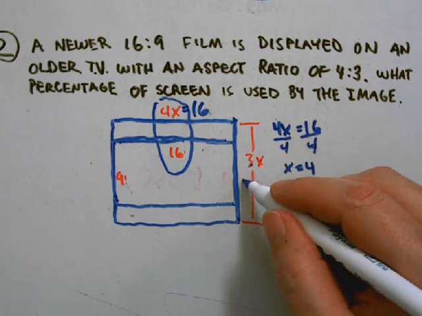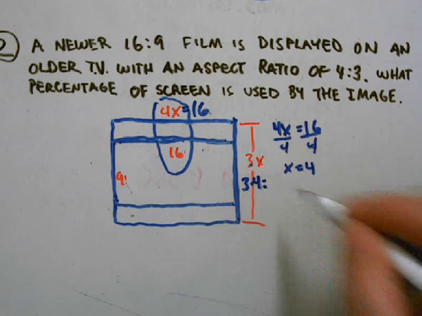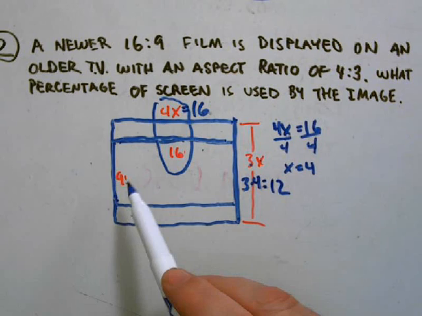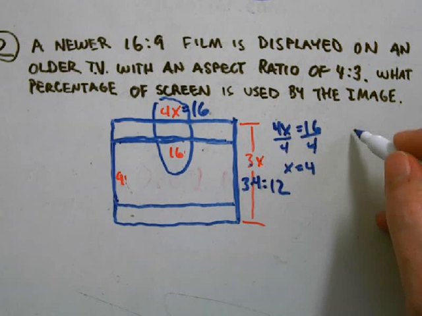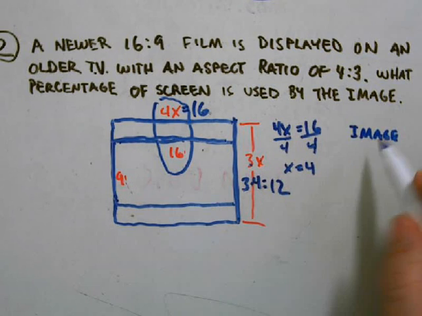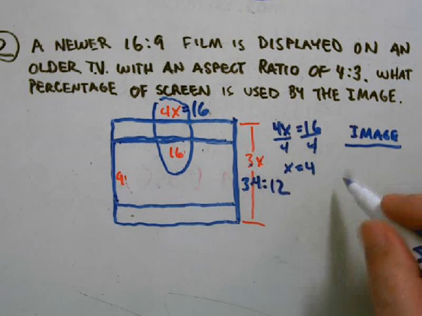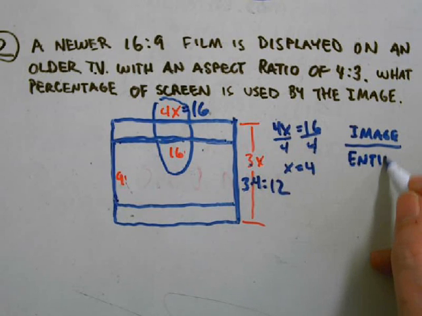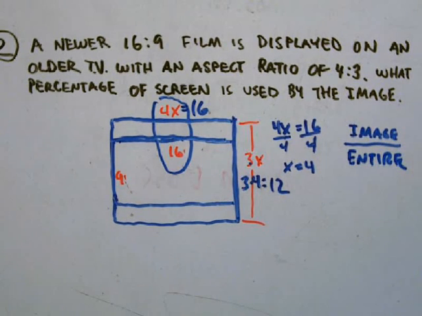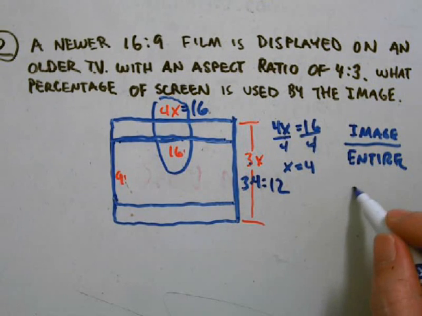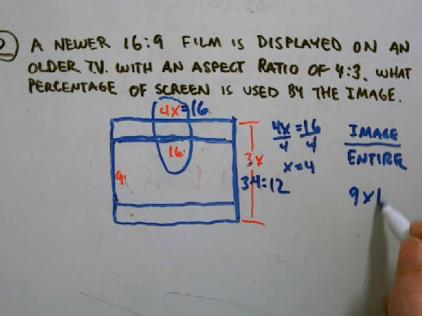So now, we always want to take the image, the smaller part, and put it over the entire part. Okay? So basically, our image is 9 by 16. That's what we're viewing. And our screen is 12 by 16.